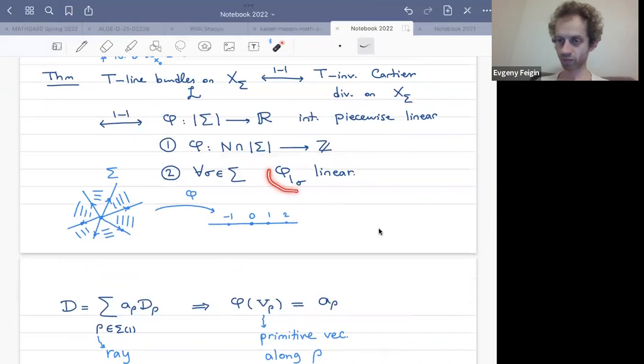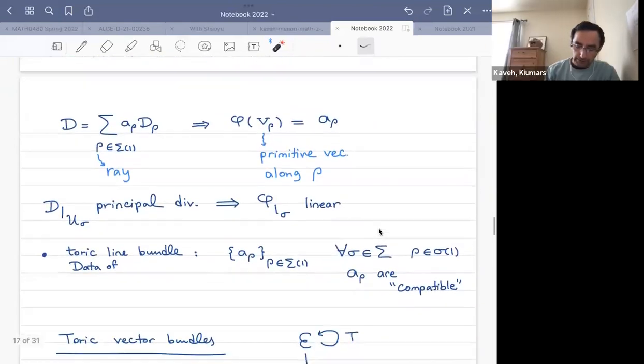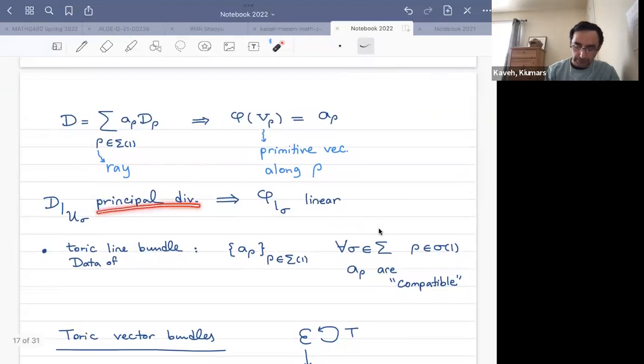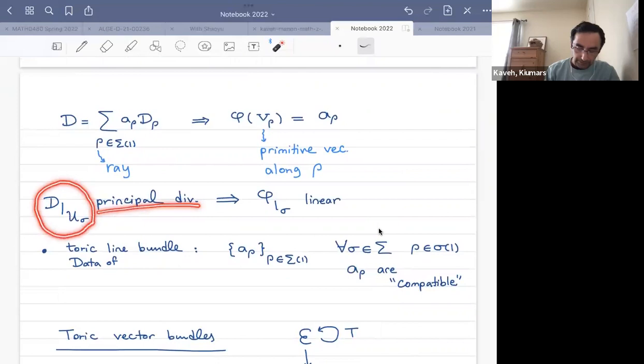A restriction to each cone gives us the principal divisor, which represents your line bundle on the affine chart corresponding to that cone. And you have a locally principal divisor. Locally it is given by a principal divisor, which then corresponds to a linear function on the cone.